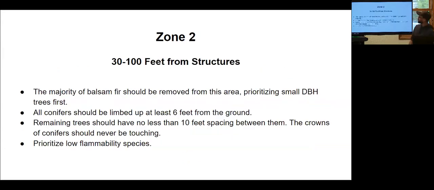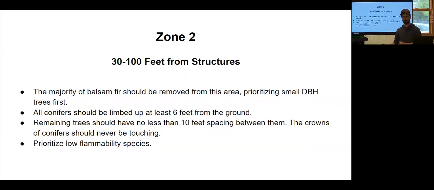So beyond that, we're going to talk about the 30-foot to 100-foot zones. Now, this is going to be pretty similar to the first zone, except that we don't necessarily recommend removing all of the hazardous fuels from this area. You still want to remove many of them, most of them if you can. But again, you can start prioritizing, paying more attention to size.